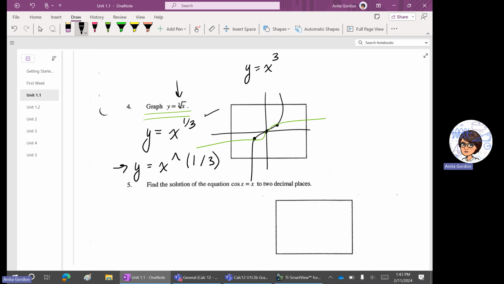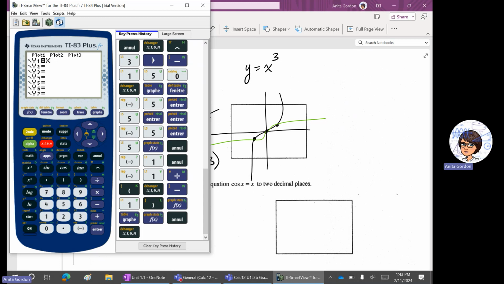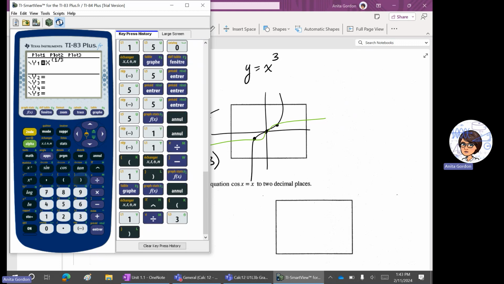We are going to use the power function and use the roots as the fractions. So x to the power bracket 1 divided by 3, close the bracket, graph the function, and there it is. Just what we expect, essentially a cubic on its side.